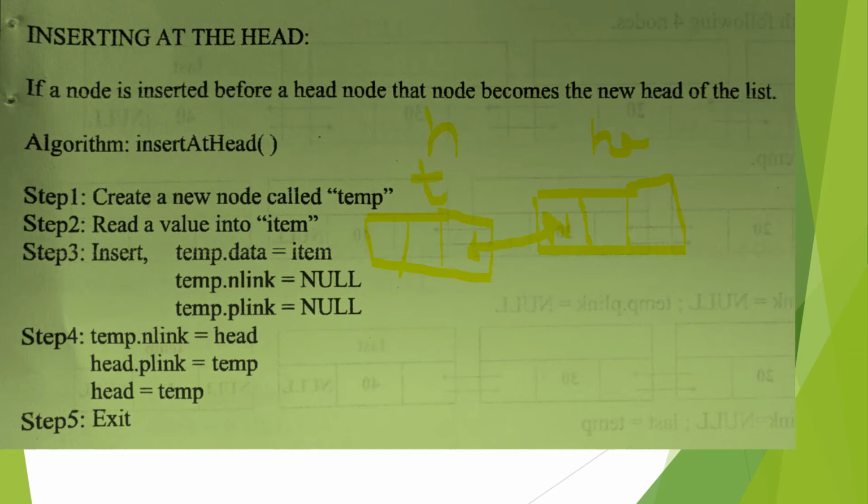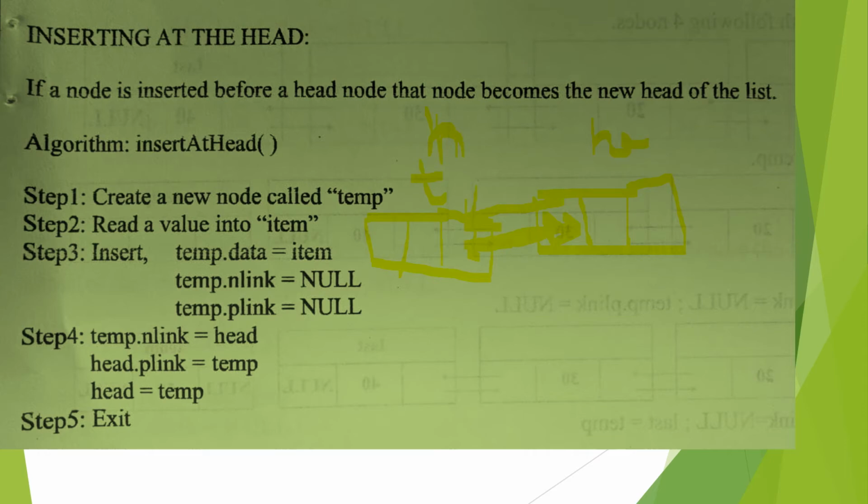See, temp dot n link equals head. Here we are inserting the address of the head, and head dot p link equals temp. Here I am inserting the address of the new node, but this is not the first node in the double linked list, so I have to change the head position to here.